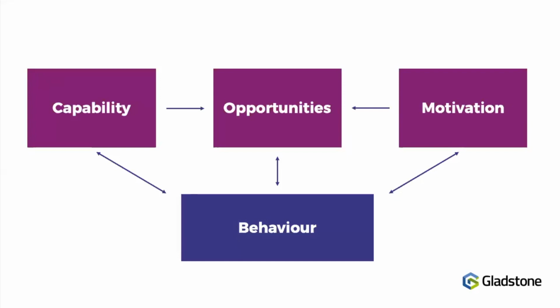So, for example, with capability, is the individual physically and mentally capable of doing the activity? Do they feel physically able to carry it out? Do they have the headspace to plan for being more physically active, particularly starting something new?